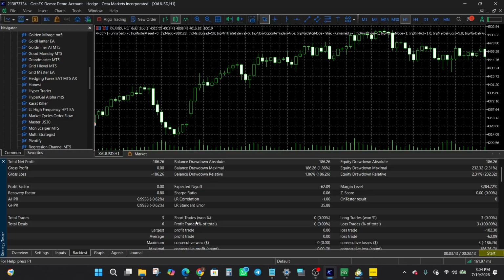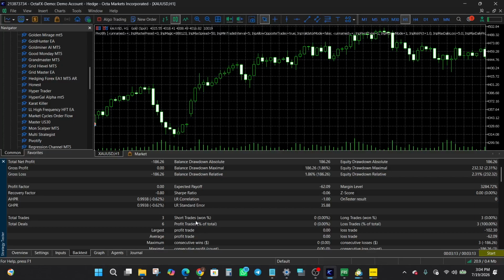Okay, so given how few trades these generated, there is not nearly enough data here to evaluate this as a trading strategy on its own, right?